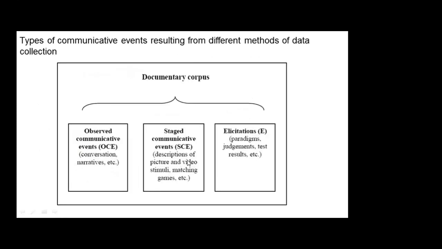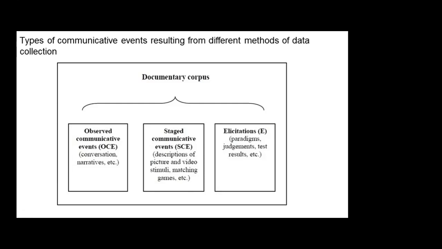I can also add that from all those principles, we can come to the types of communicative events resulting from different methods of data collection. As we've explained in principle 5, the data collection and the data collection tool should be explained in the metadata.